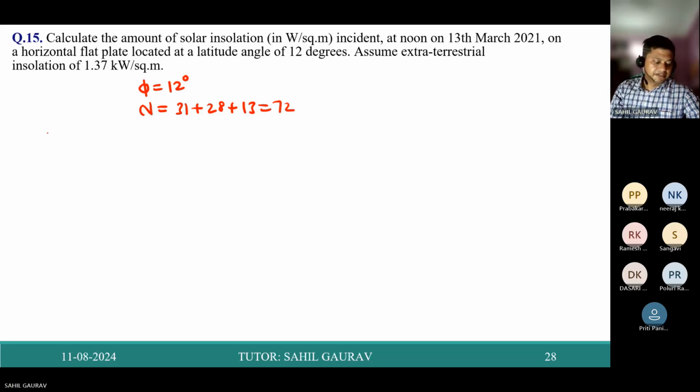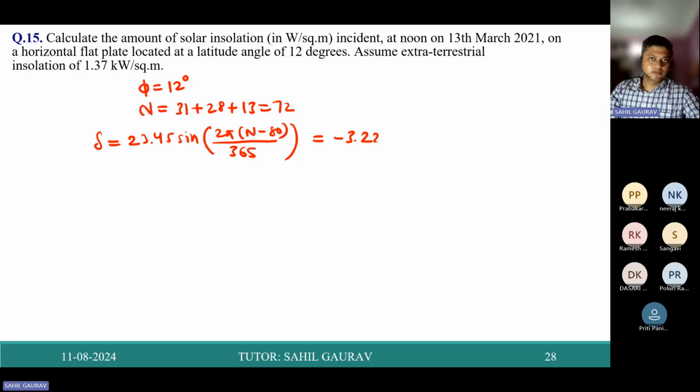So we can find the declination angle delta. So it is 23.45 sine of 2 pi into n minus 80 upon 365. So n is 72, you will get it as minus 3.22 degree.